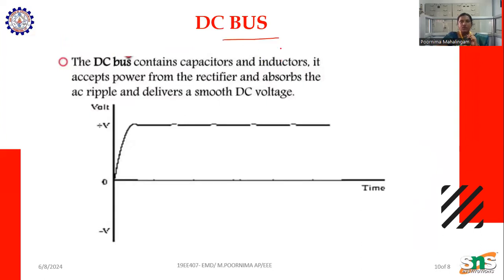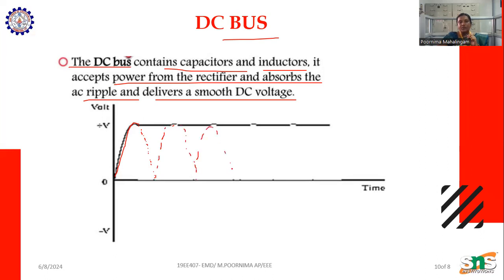Now coming to the next process, the DC bus bar. It contains a capacitor and an inductor. It accepts the power from the rectifier, absorbs the AC ripples, and delivers a smooth output. Here we have a unidirectional supply, as we learned in the previous slide.